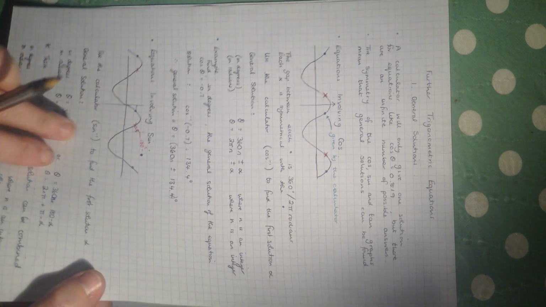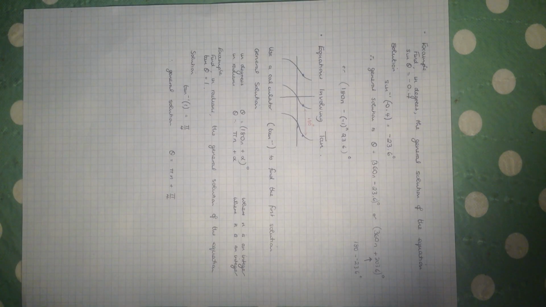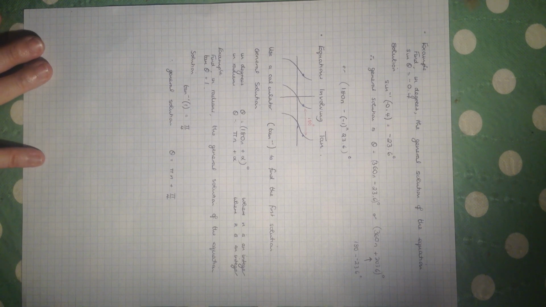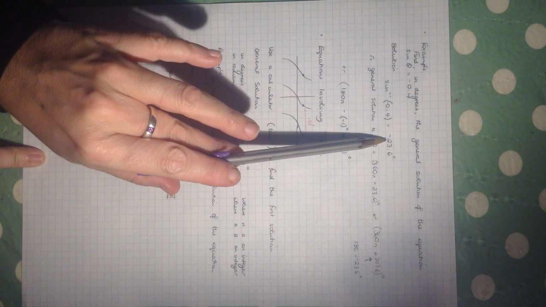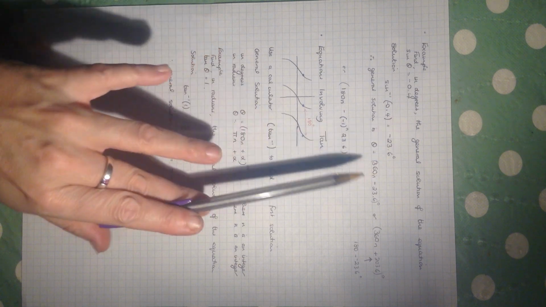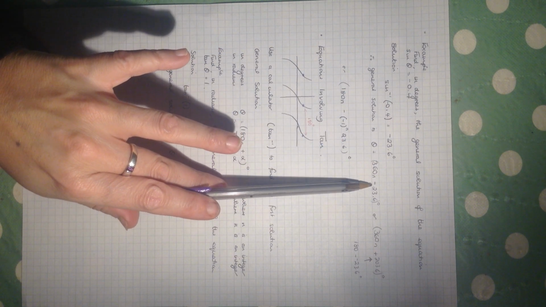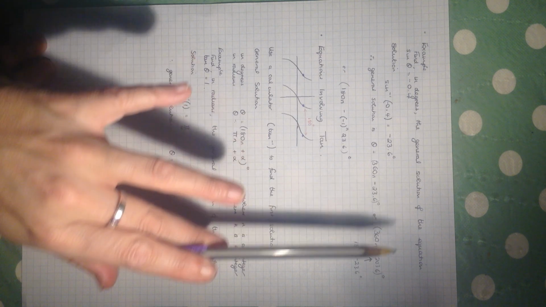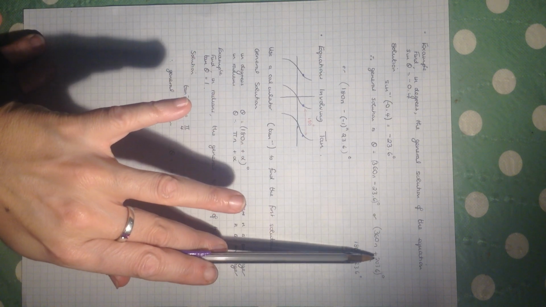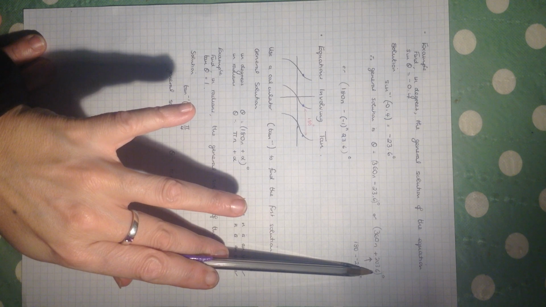An example of this is here, to find the general solution of the equation sine theta equals negative 0.4. So find the first solution and we get negative 23.6 from the calculator. So the general solution is 360n minus 23.6 degrees, or 360n plus 203.6 degrees.